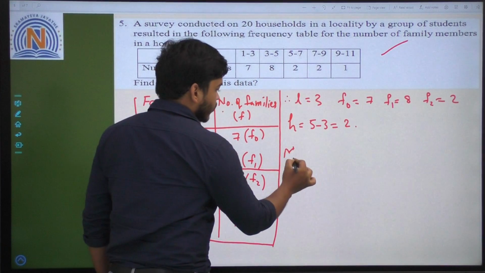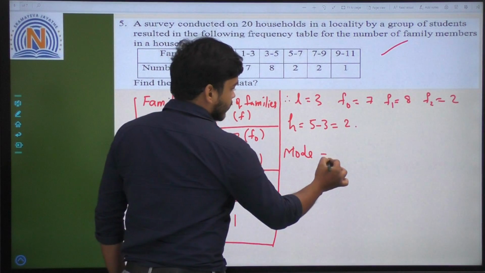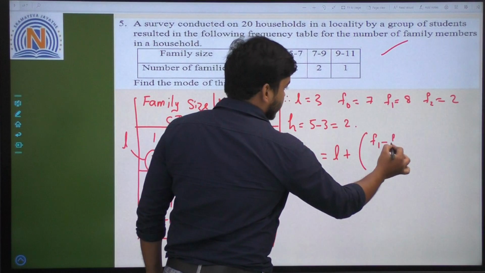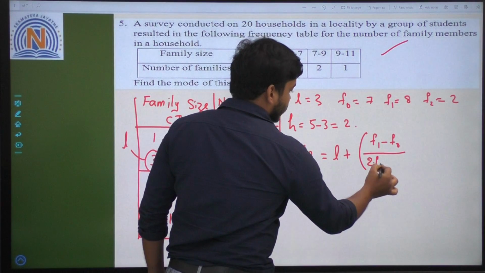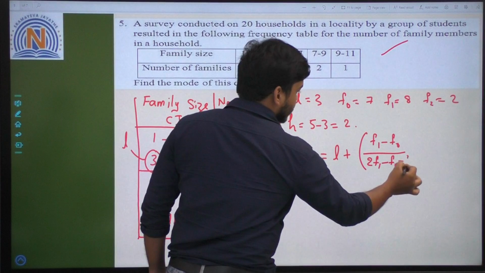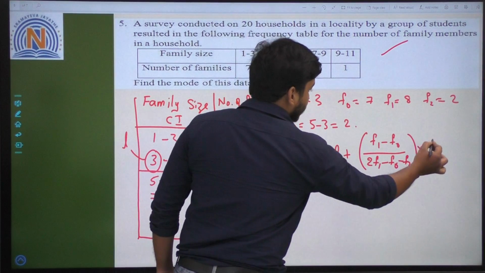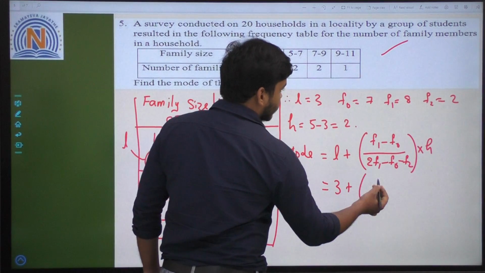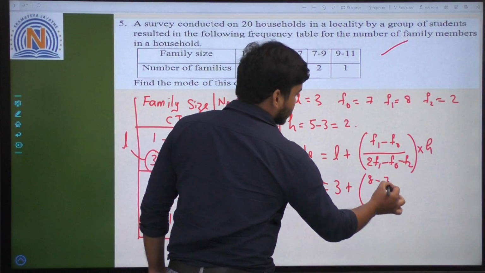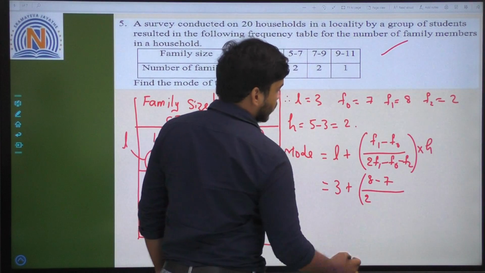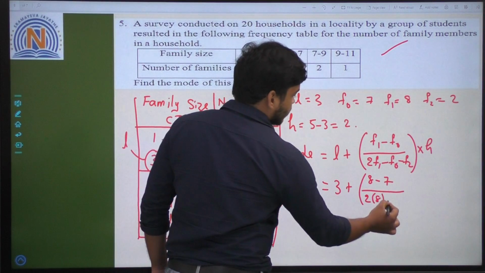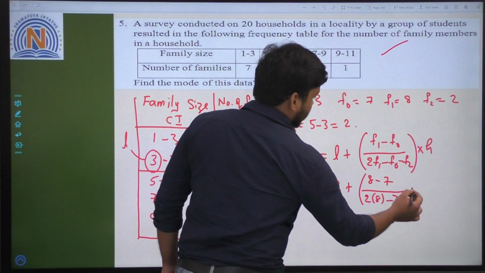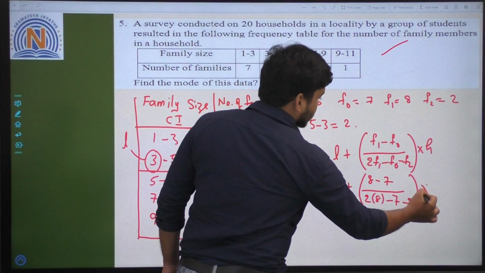Now mode is equal to the formula L plus F1 minus F0 by 2F1 minus F0 minus F2 into H. So here L is equal to 3 plus F1 is 8 minus 7 by 2 into F1 is 8 minus F0 is 7 minus F2 is 2 into H is 2.